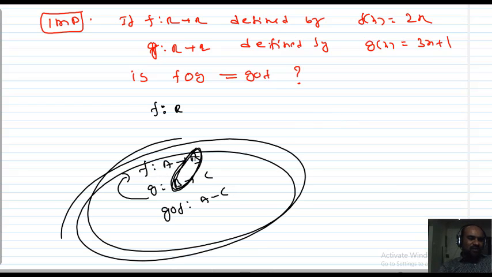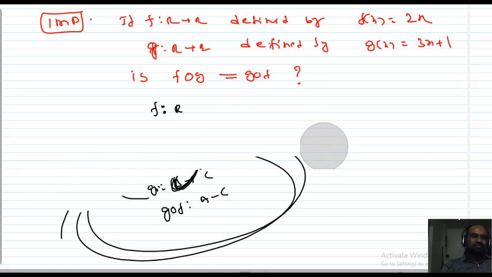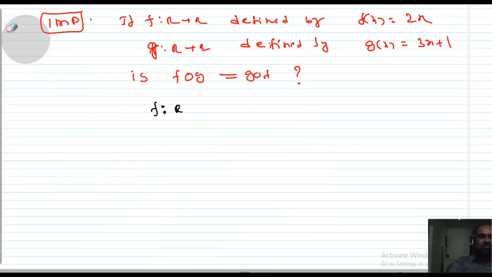F maps A to B, G maps B to C. So see, the range of f should be a part of the domain of g. The new function exists from A to C. Don't think of f circle G, G circle f should take care of that. G circle f is from A to C. Now, students, listen.